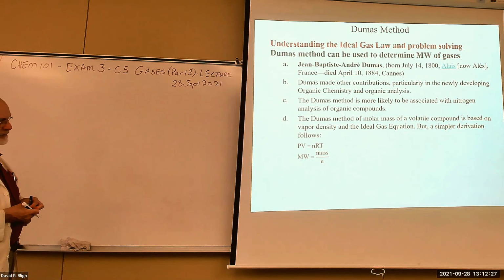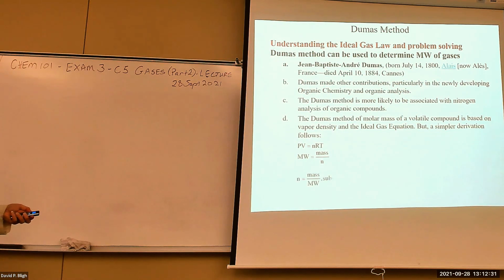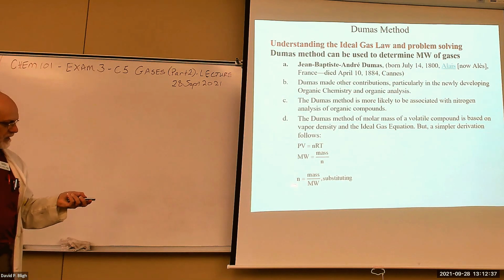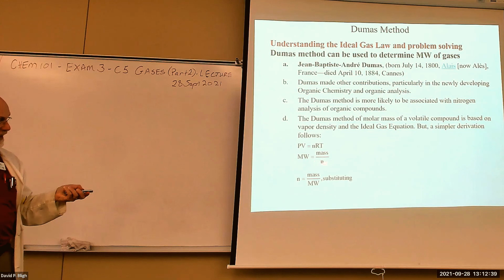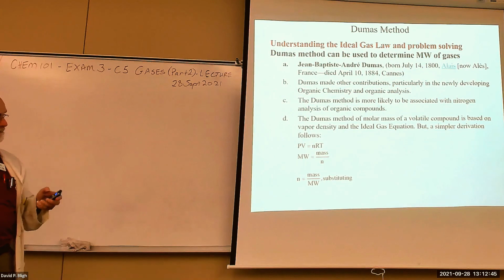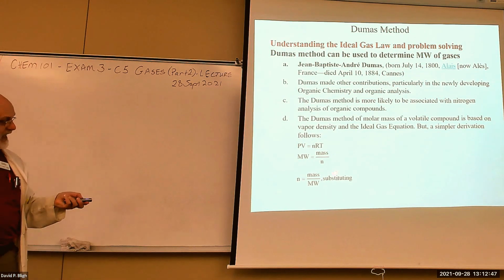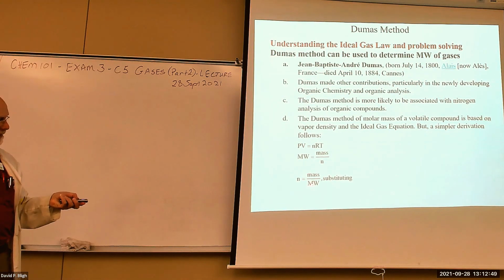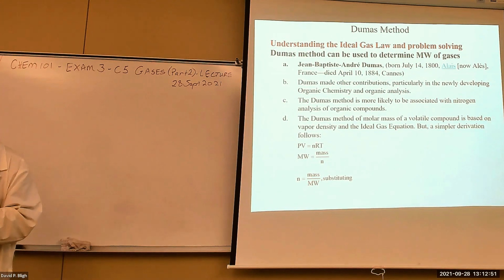So if we do that, I think we've got an animation here, so I don't have to write on the board. All we have to do is solve this one for moles and plug it in that equation. That's it. Now we've got mass and molecular weight together.